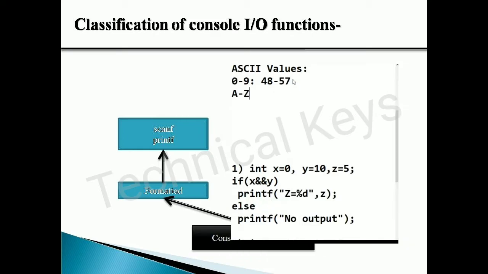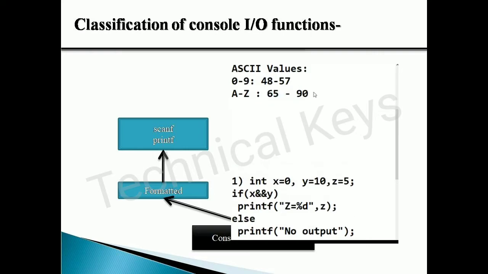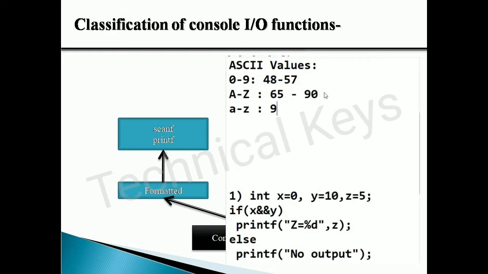Similarly, C is a case sensitive language. So capital A is 65, and capital Z, this being a series, goes till 90. Similarly, small a to small z is from 97 till 122. So this is the conversion.